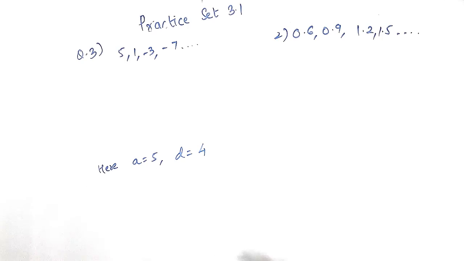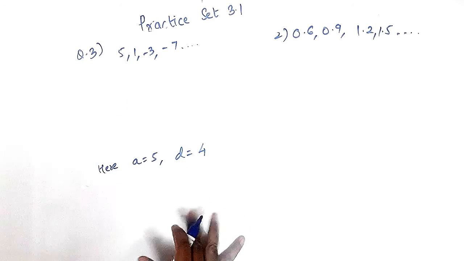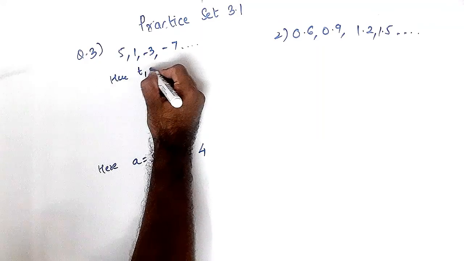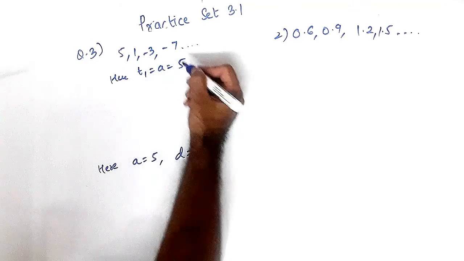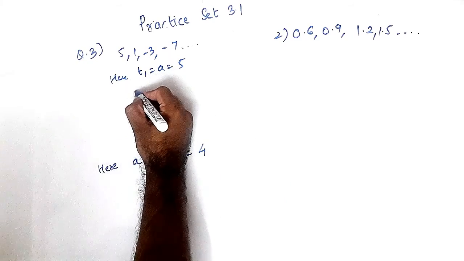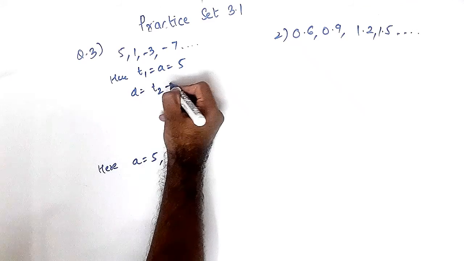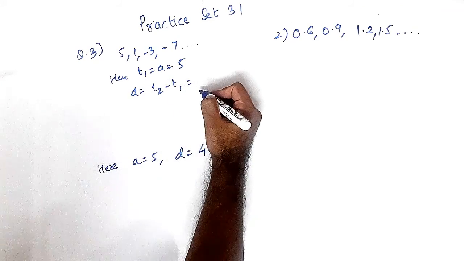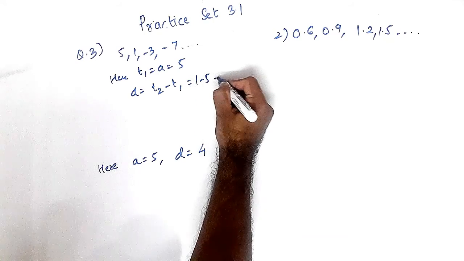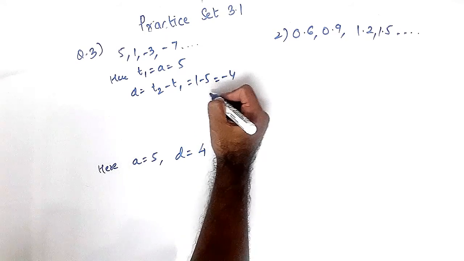Now the question arises, how will we write it in the steps? So here T1 is equal to A is equal to 5. Then difference D is equal to T2 minus T1. Okay, so it is 1 minus 5, so that is equal to minus 4.